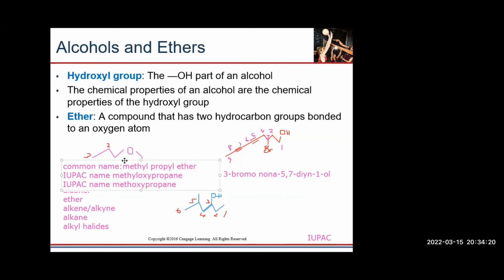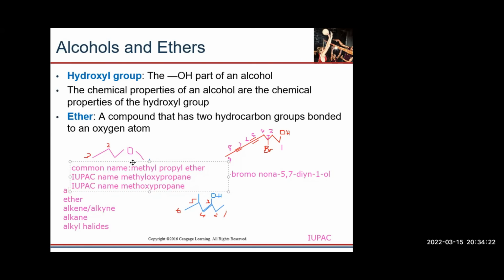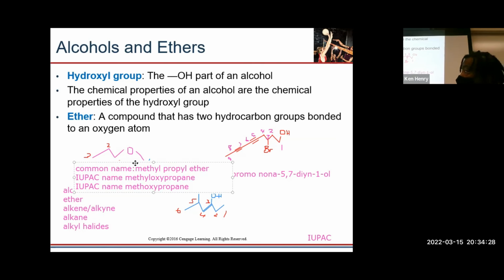And then in order to name it, no, in this case you're not following alphabetical order. It's the longest chain. The longest chain gets the last name. So if this was a hexene on this side, it would be called methoxyhexene.